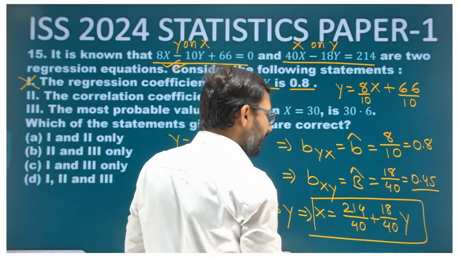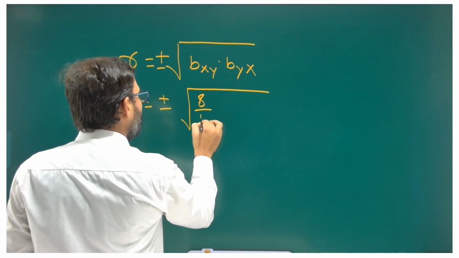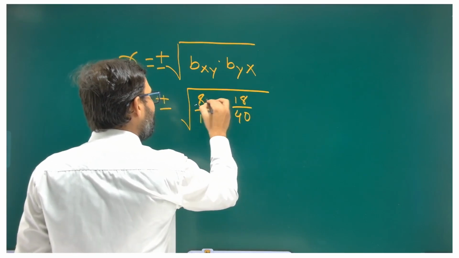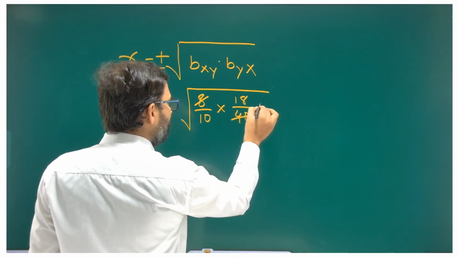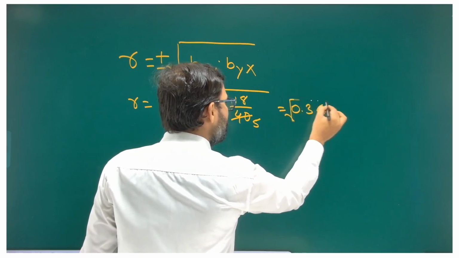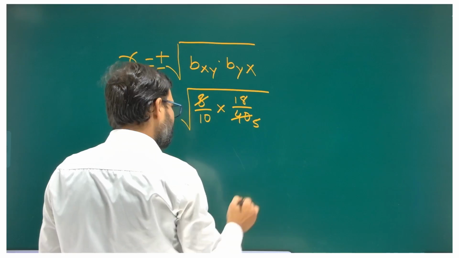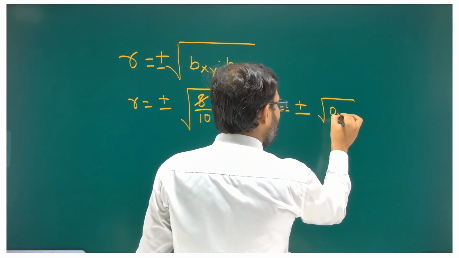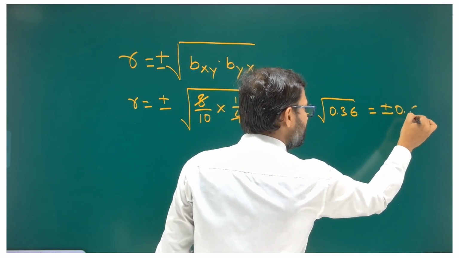So 8 upon 10 and 18 upon 40 gives, under the root, 0.36. Now I am writing it with the plus minus sign because it should be added. Plus minus root under 0.36, whose value will be plus minus 0.6.